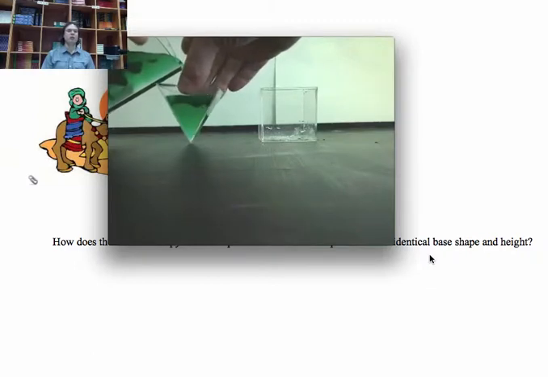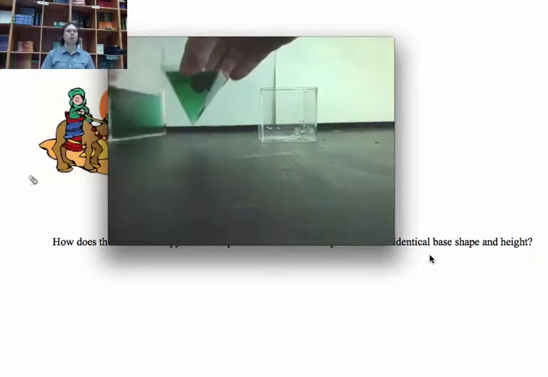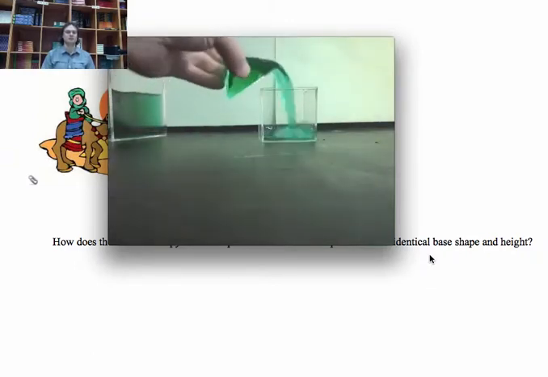Now if you remember, volume is how much it holds or how much it could displace.